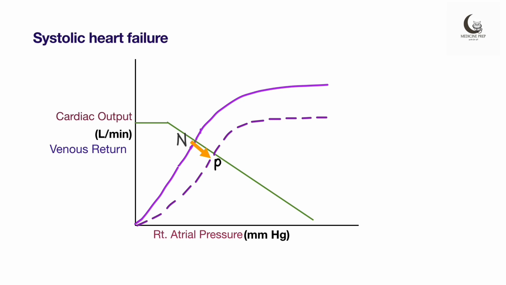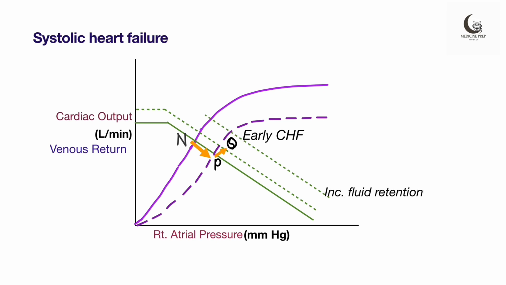And the new stability point will be point P. Now to compensate, the body will try to increase the volume of blood in the veins through the angiotensin mechanism, and your venous return curve will increase and your vector will shift from point P to point Q. Point Q is the early stage of heart failure. In the later stages, the venous return increases and the cardiac output falls. So your new steady state will be at point E.